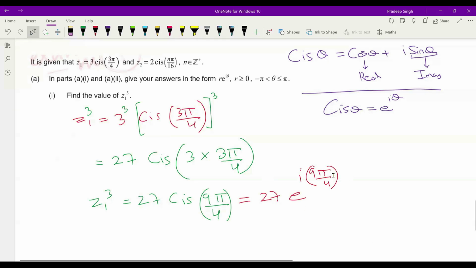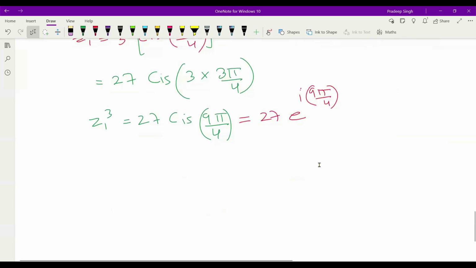Now observe this, 9 pi by 4 definitely does not fall in this particular range, minus pi to pi. As you can see, 9 pi by 4 is greater than pi. How do we make sure that the argument is in the given range? You either add or subtract 2 pi. So in this case, let's try to subtract. 9 pi by 4 minus 2 pi. If we simplify this, let's see, what do we get?